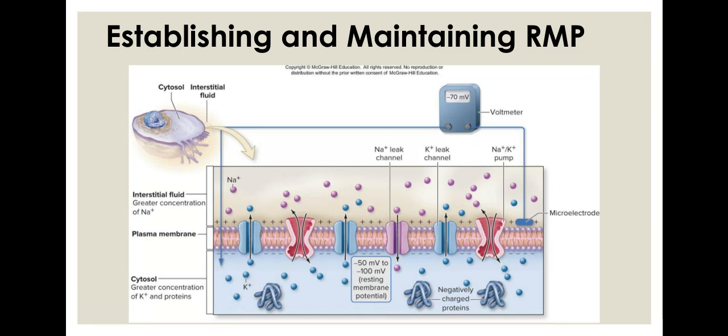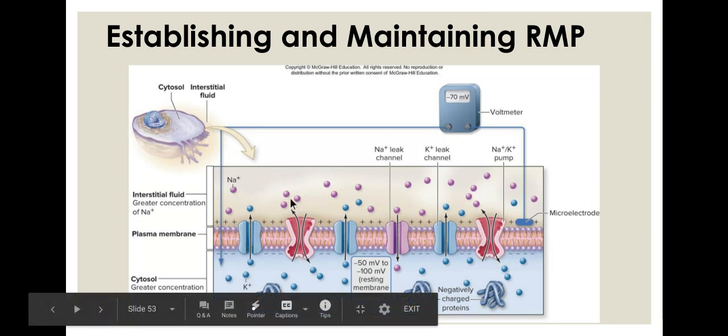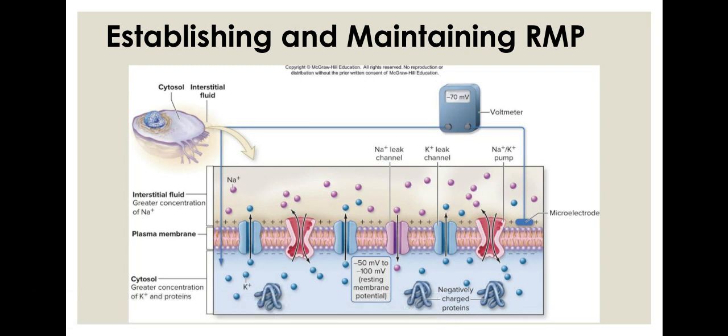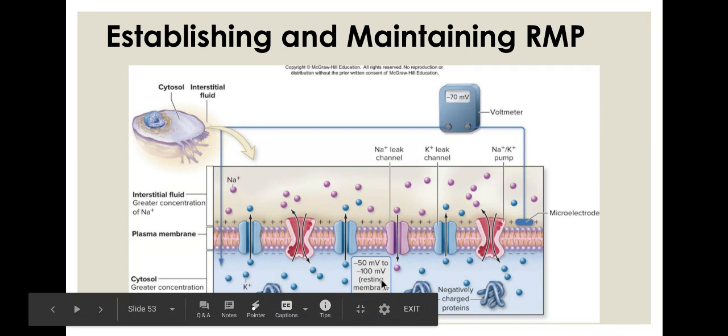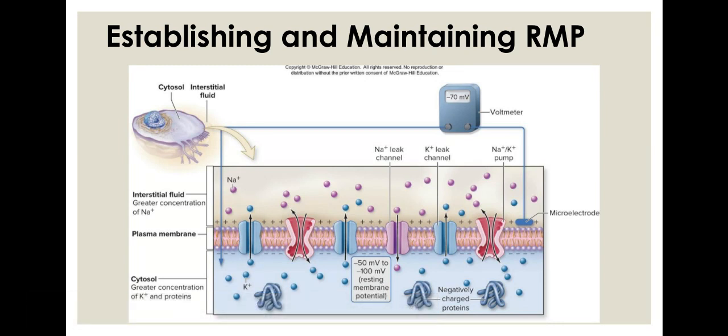So what is happening is, of course, we have these pumps moving our sodium out, and we have them bringing in our potassium at this sort of unequal rate. And so when it's resting, we have what we call a 50 to 100 millivolt potential. That's just measuring the electric current because of these ions.